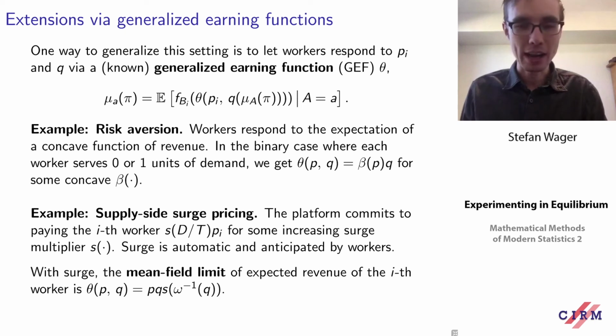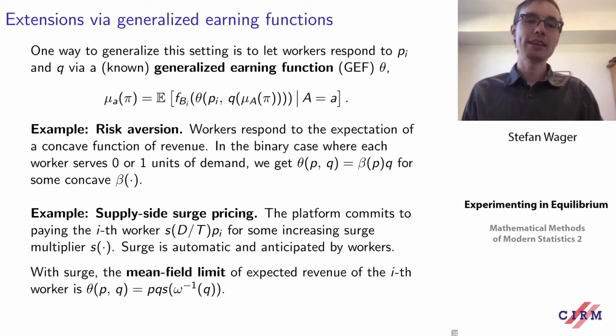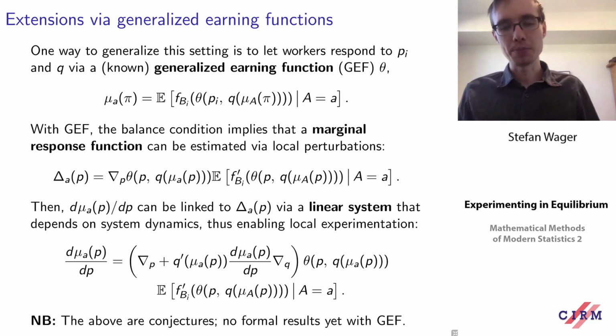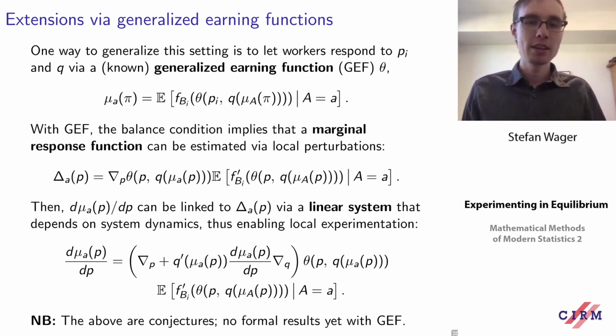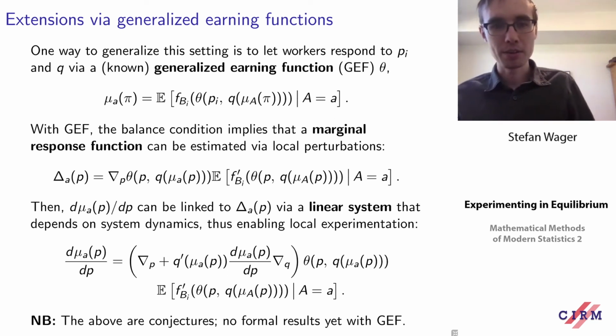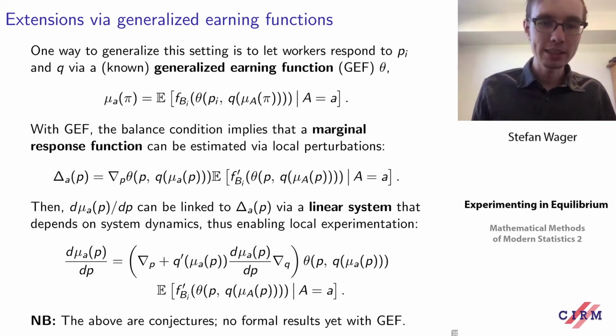I won't go into it now, but you could use this formalism to also capture something like surge pricing. If this function theta is known, whereas before theta was just the product but it could be something else, then everything I've said so far goes through. So you can again write down this balance condition.